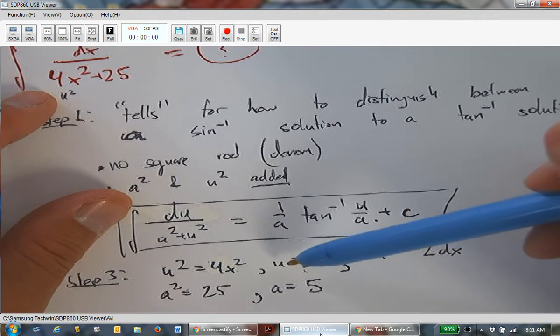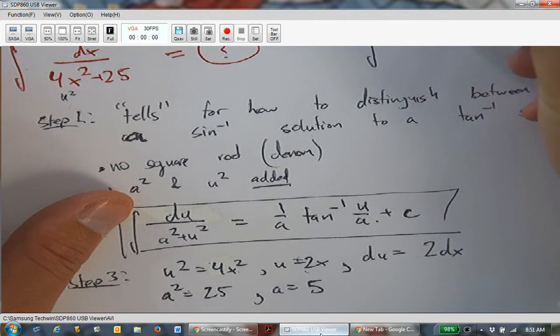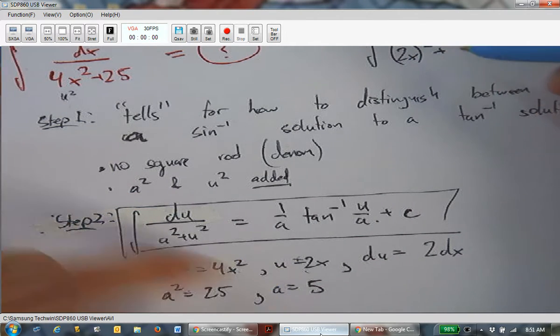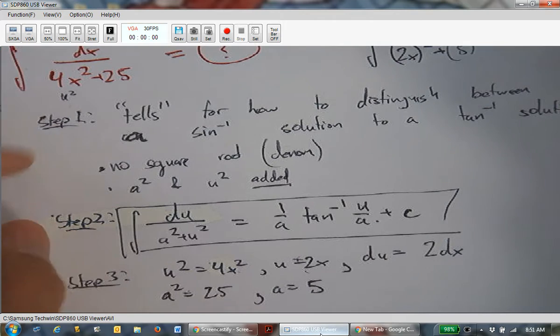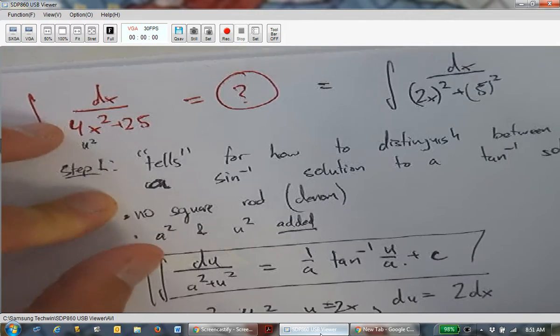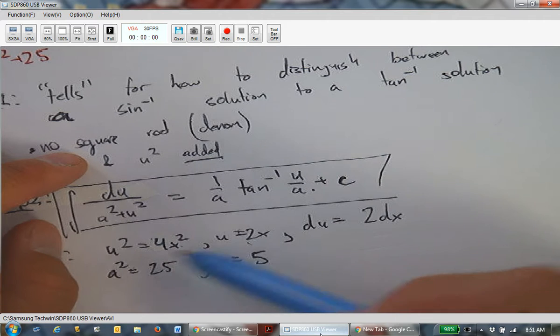It's like seeing, if we had to rewrite that, 2x squared plus, that's your u, and then your a is simply 5 squared. But what is different? Does anybody notice anything different between what we have up here and what we have down here and these variables that we defined?